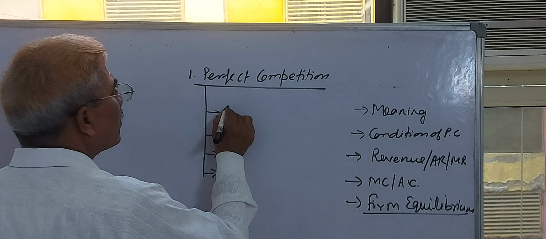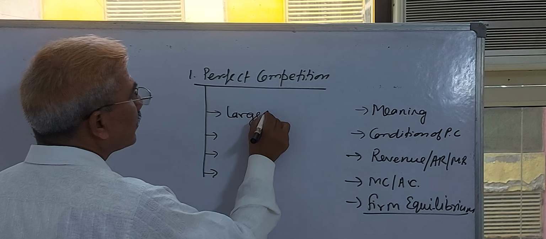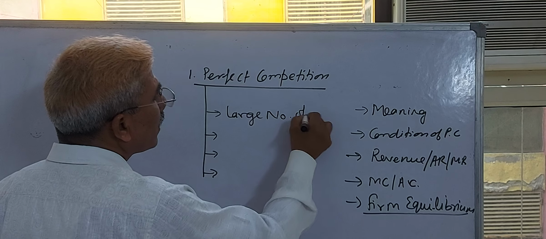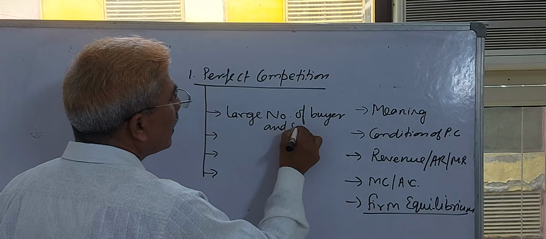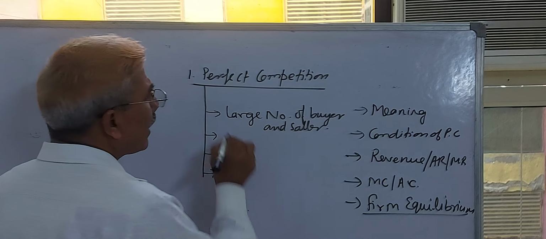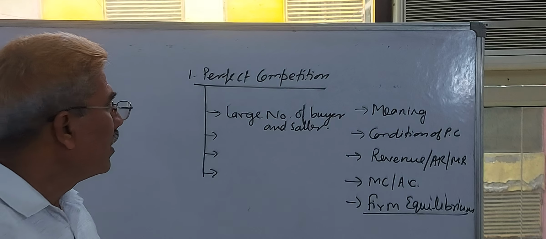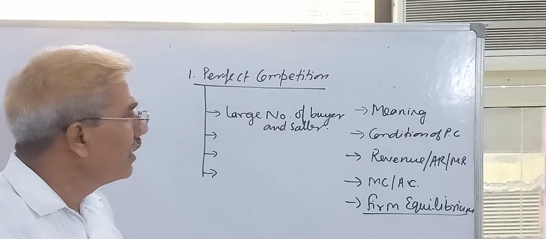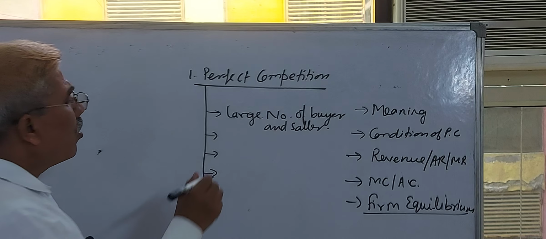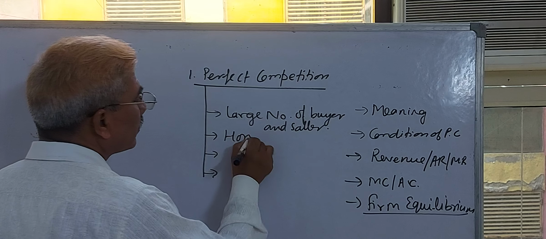First, a large number of buyers and sellers. That kind of market is known as a perfectly competitive market. Number second, a homogeneous product.